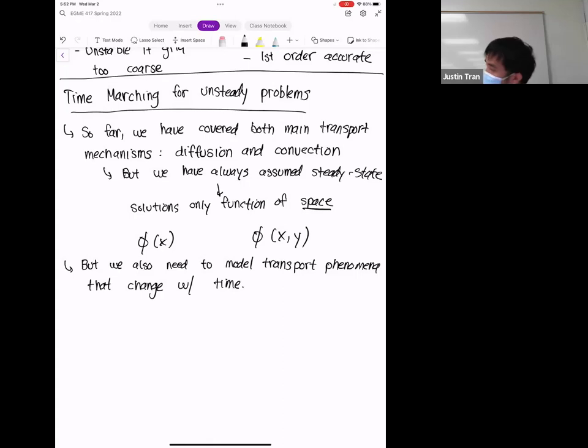And so to do this, we're going to modify our conservation equation to include that unsteady term.